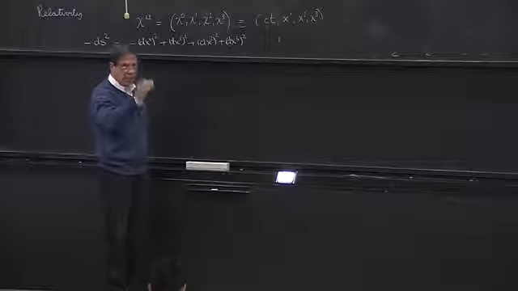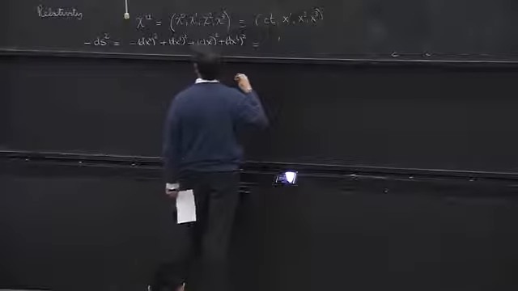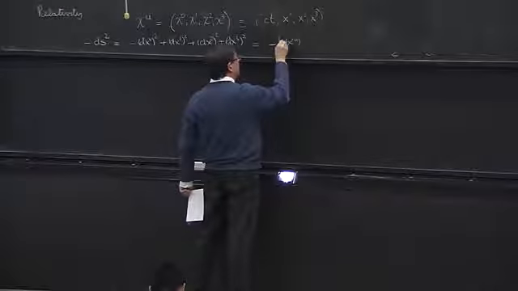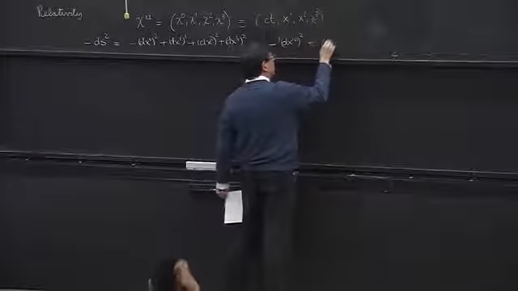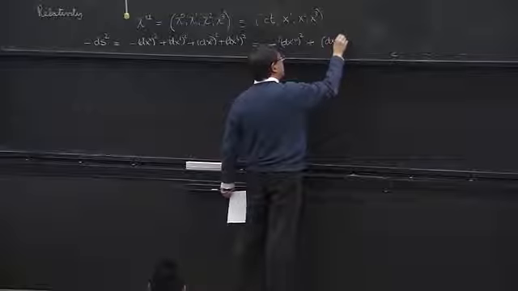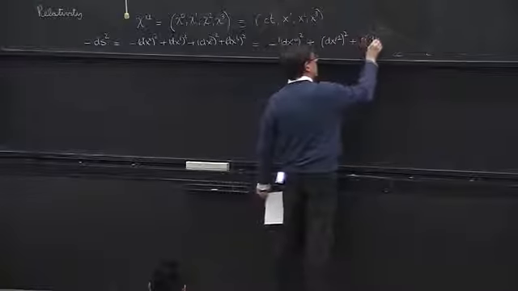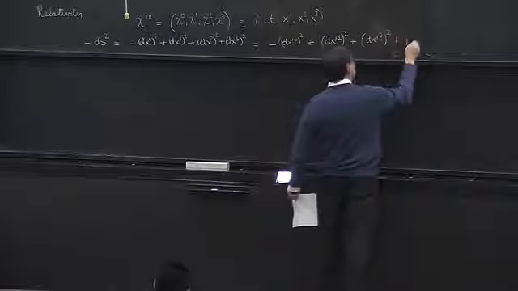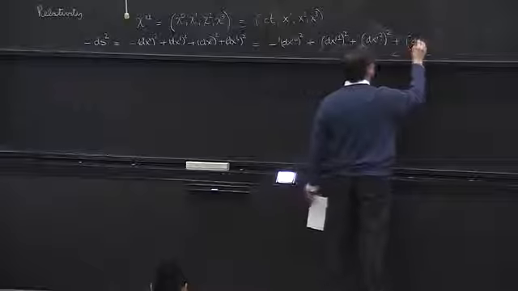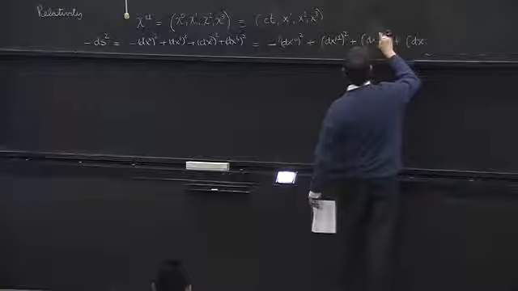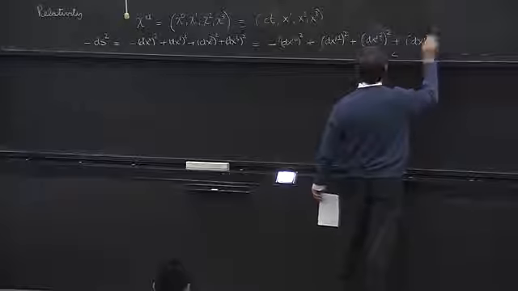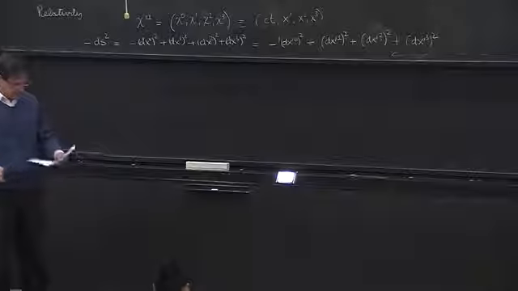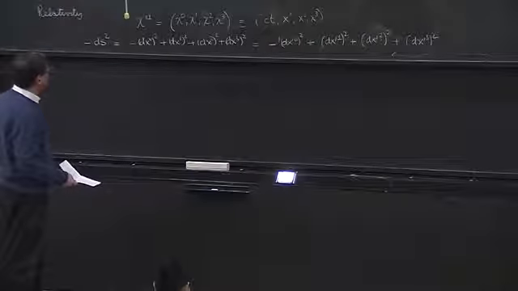If another inertial observer sees that same 2 events and computes minus dx prime 0 squared plus dx prime 1 squared plus dx prime 2 squared plus dx prime 3 squared, you have an equality. That's the fundamental equality.